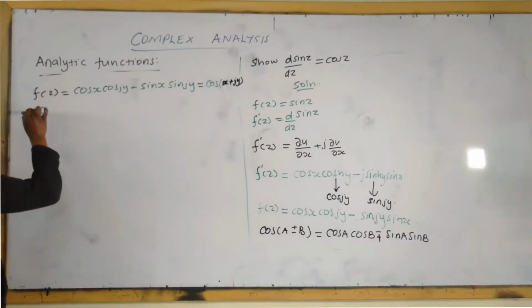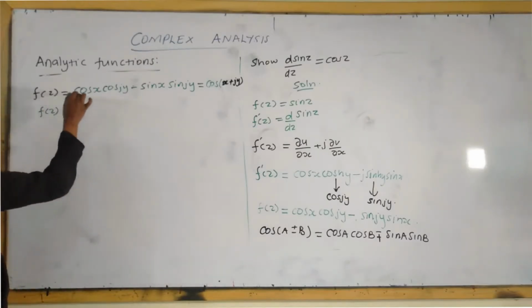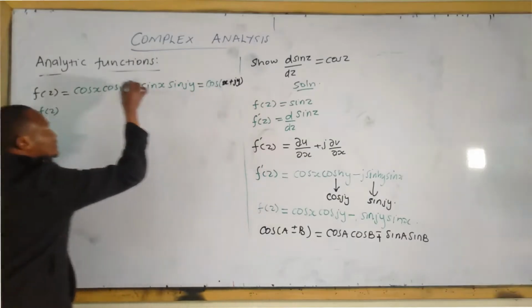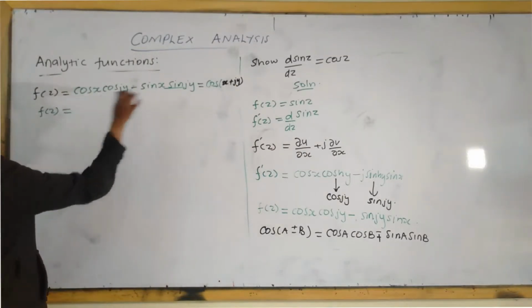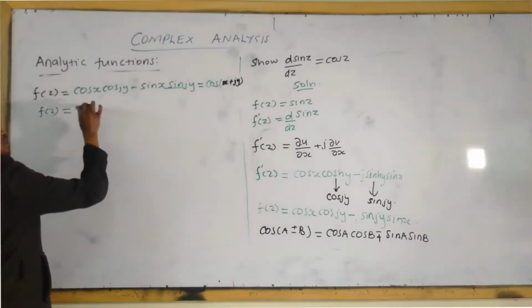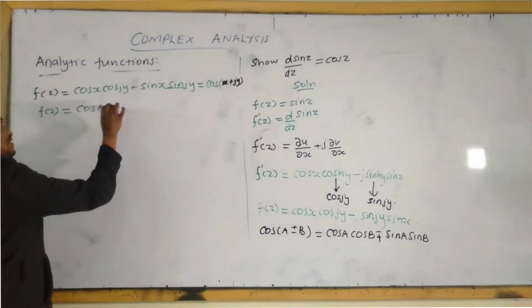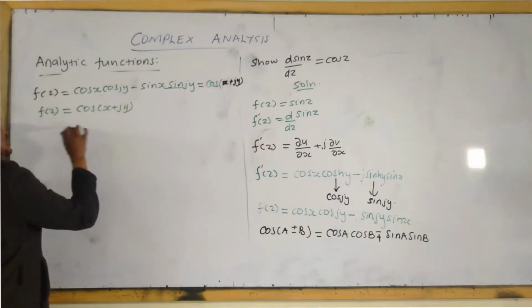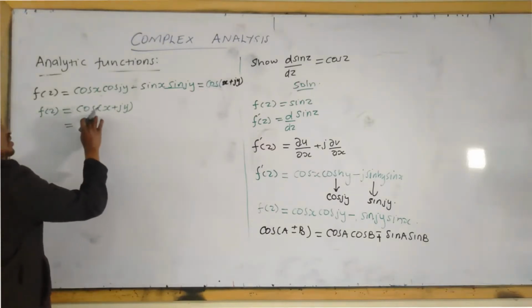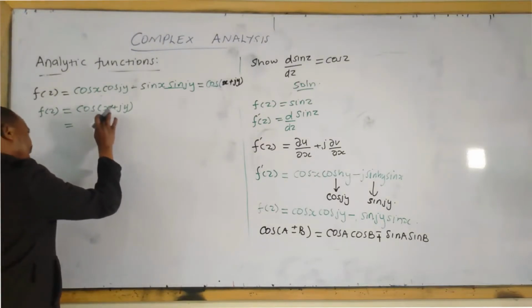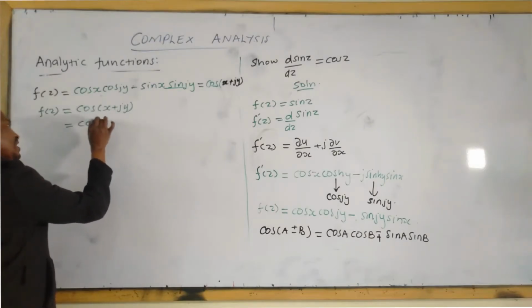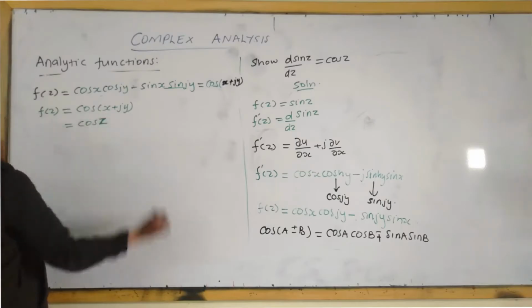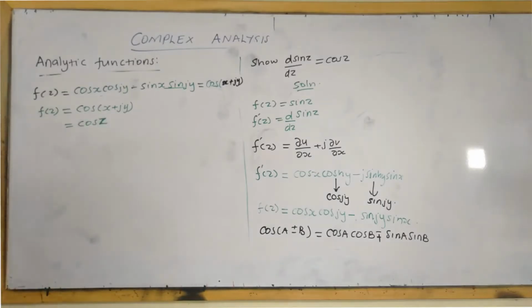So you can finally say function z. Let us not write this one down, let us not write it. Simply say it's the other one: cos of x plus jy. But x plus jy is z. So this one becomes z, or zed according to the new syllabus.